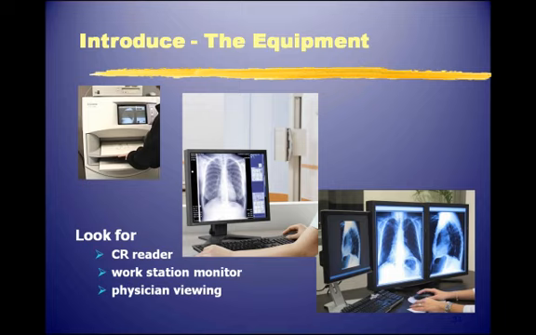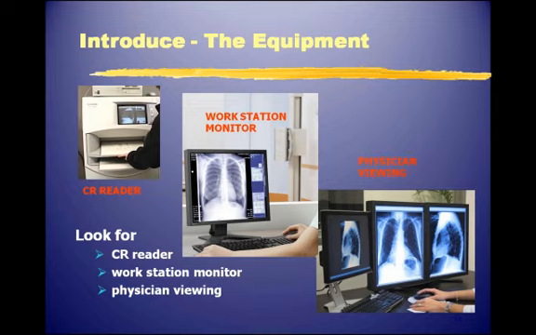Now in these slides you're going to look for the CR reader. The cassette-based system inserts the cassette into the reader, and the laser light scans the latent image and converts it to an electrical signal and produces it on the workstation monitor. Now that workstation monitor could have been from a CR system and it's now displayed there, or it could be direct digital as well.